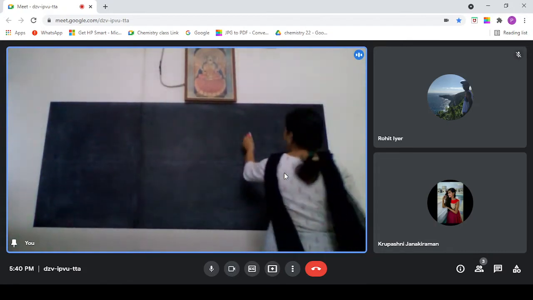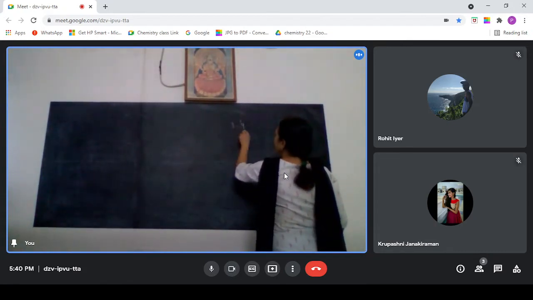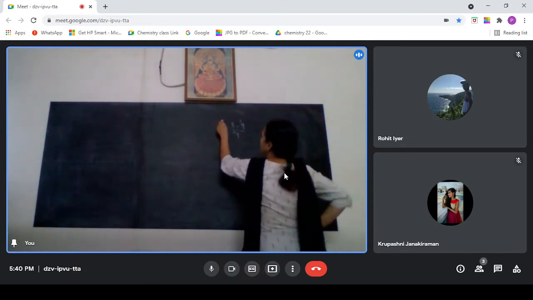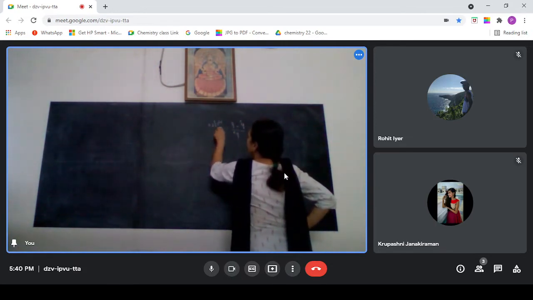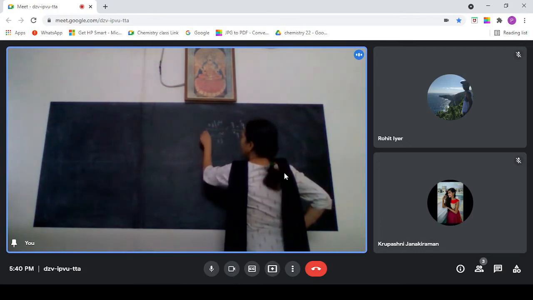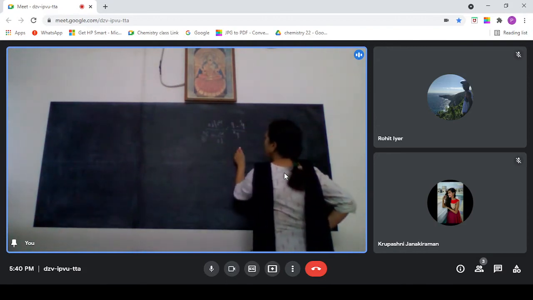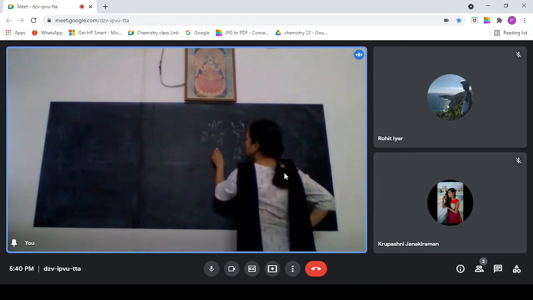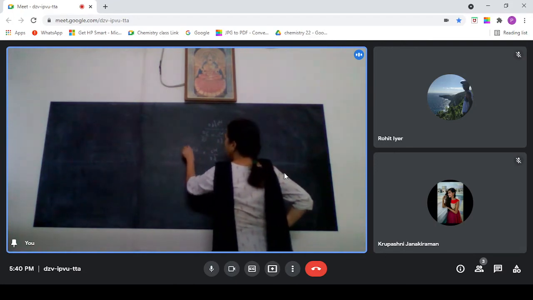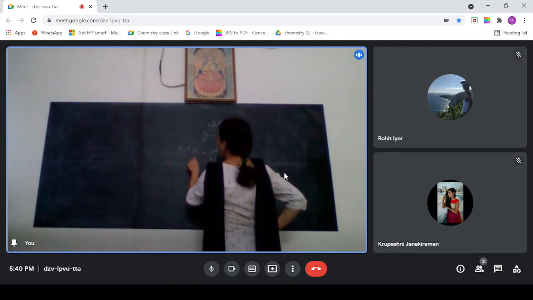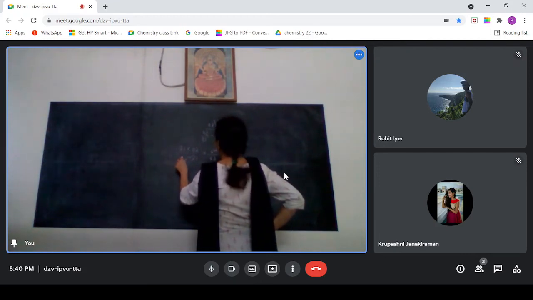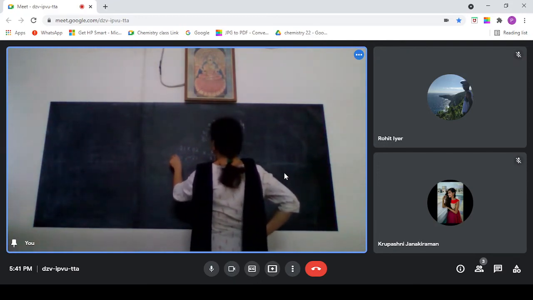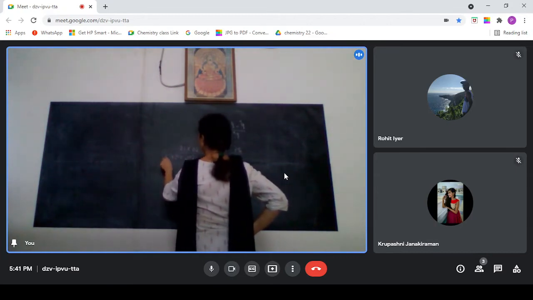So it will be P naught minus P by P naught equal to W2 by 60 divided by W2 by 60 plus 50 grams of water by 18. So this will be 25 by 100, 1 by 4. So you have to solve this. W2 by 60 into 60 into 18, by 18 W2 plus 50 into 60.